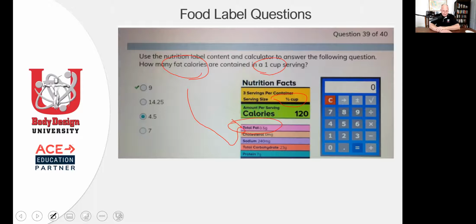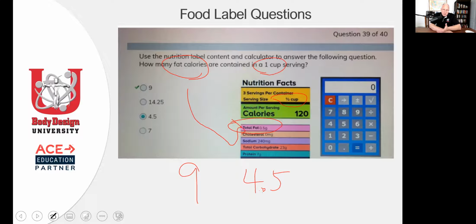By the way, how many calories are in 1 gram of fat? The answer is 9, correct? Okay, so there's 1 gram of fat, there's 9 calories. In half a cup would be 4.5 calories, right? See that? That's a decimal point.